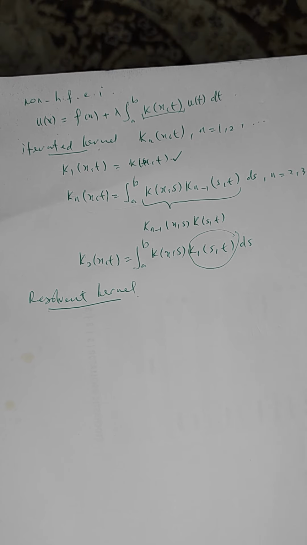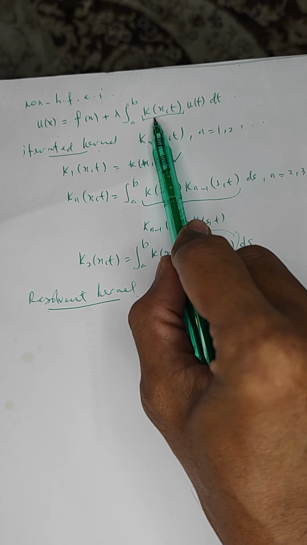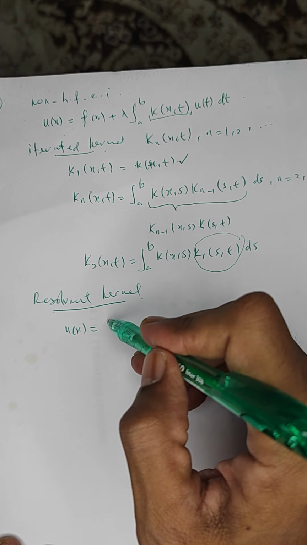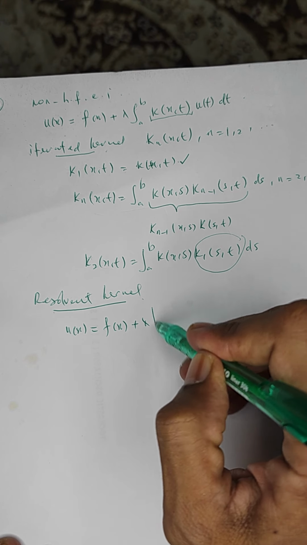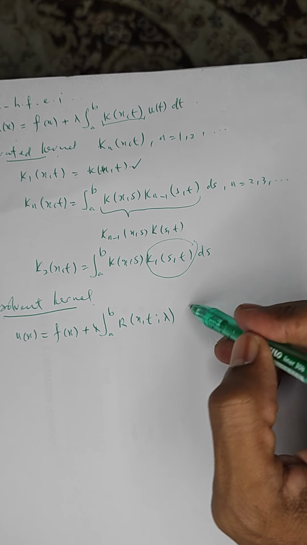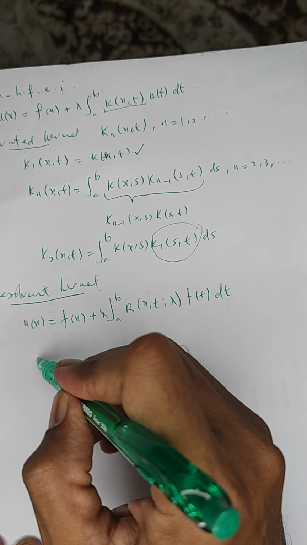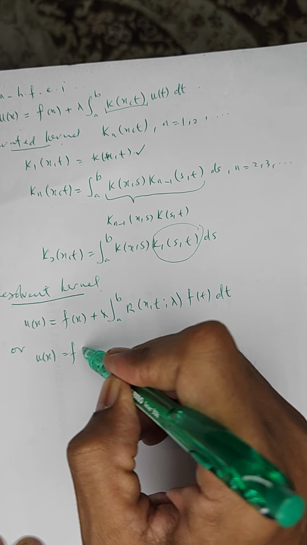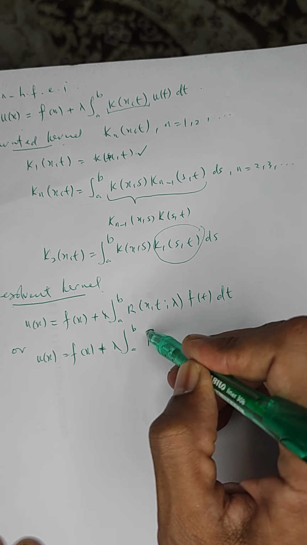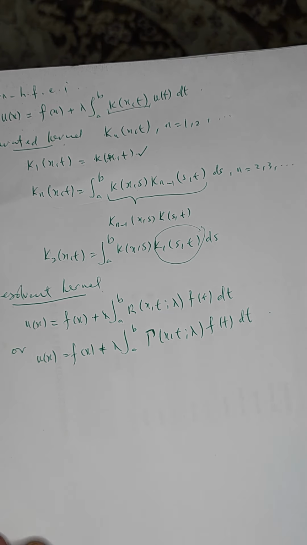Given the non-homogeneous Fredholm integral equation of that form, the solution to that equation is written as u(x) = f(x) + lambda integral from a to b of R(x,t;lambda) f(t) dt, or can also be written as u(x) = f(x) + lambda integral from a to b of gamma(x,t;lambda) f(t) dt.